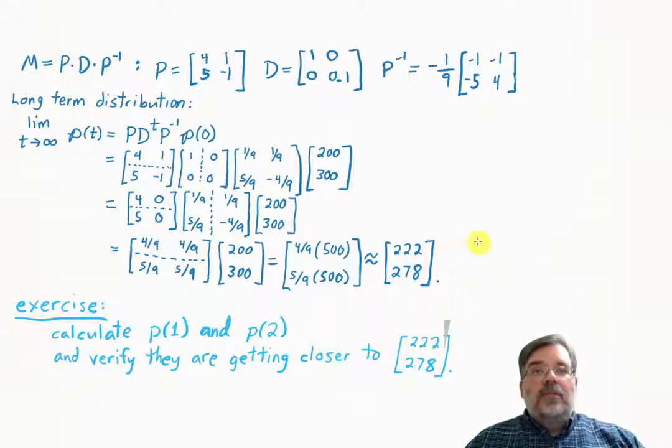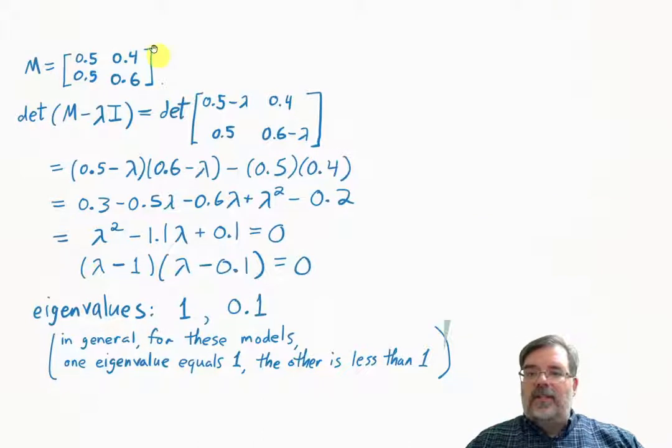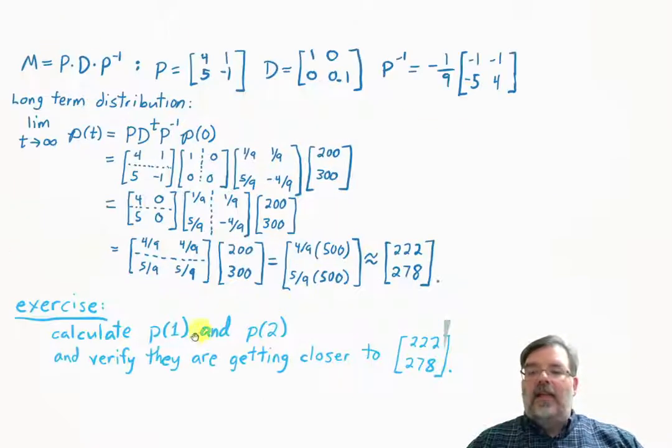If you multiply those values times this migration matrix, you can use that to calculate the actual population at time 1 and the actual population at time 2. So go ahead and do those calculations, figure out what those populations are going to be, and in theory, they should be getting closer to this value.